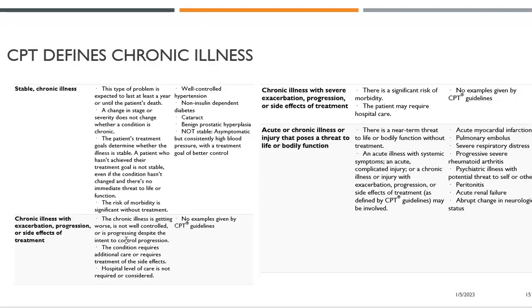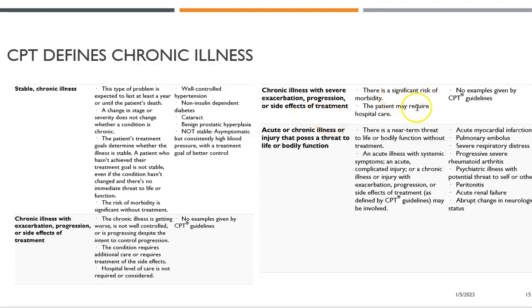We'll have patients where it'll say diabetes in control, and then we have patients where their diabetes is not in control. So that would be a chronic illness with exacerbation, or asthma. Asthma can be in control, or patients can come to the hospital or come to the office, come to the emergency room with acute exacerbation. We have a chronic illness with severe exacerbation, progression, or side effects of treatment.